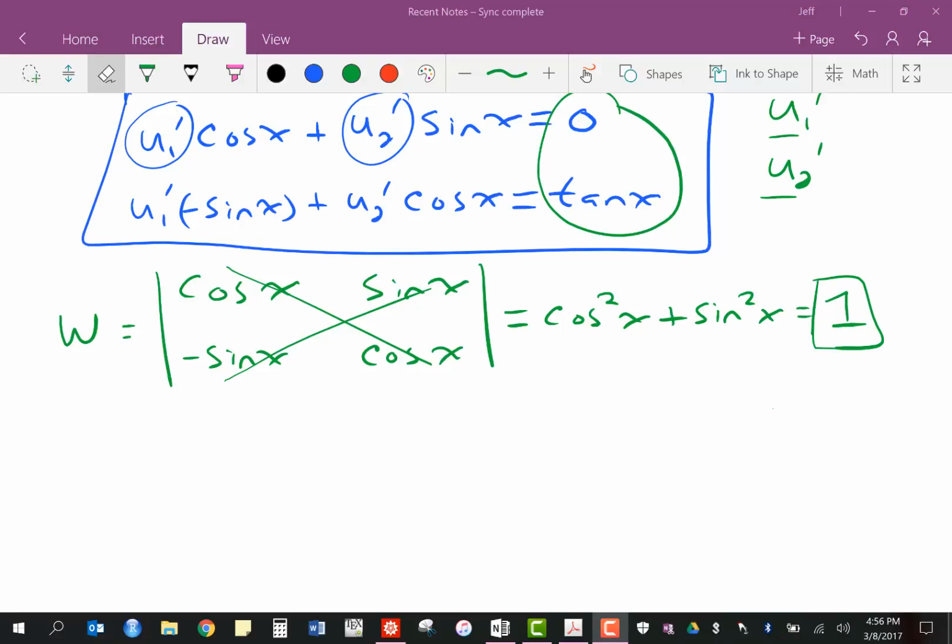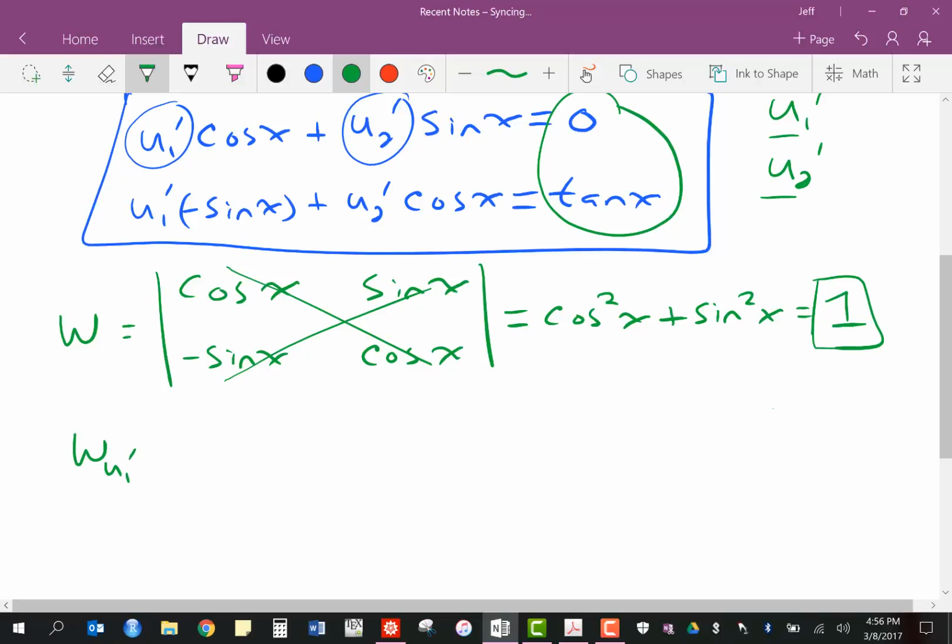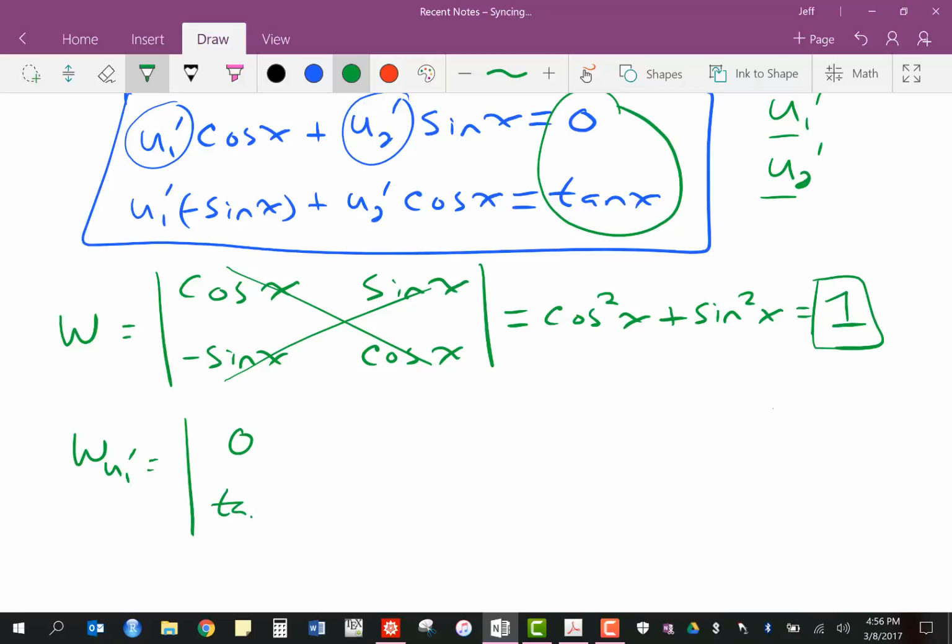So then I will find W sub u1 prime, where I am going to replace the u1 column with 0 times the tangent of x and leave the u2 column the way that it is.